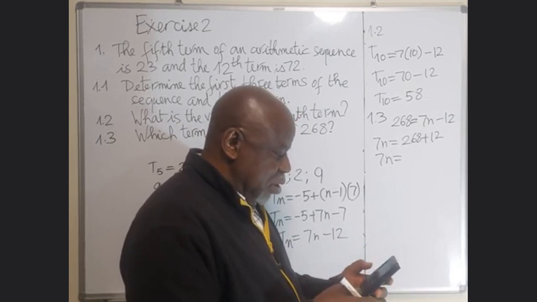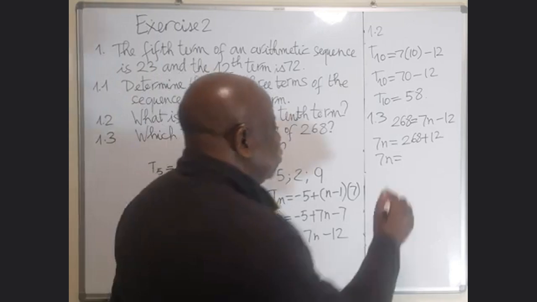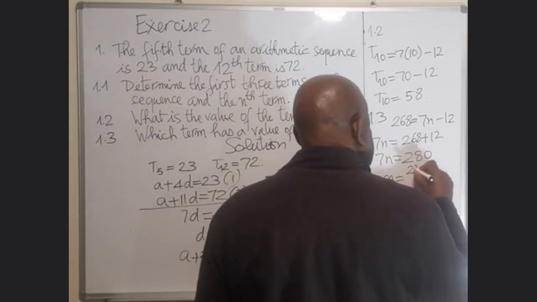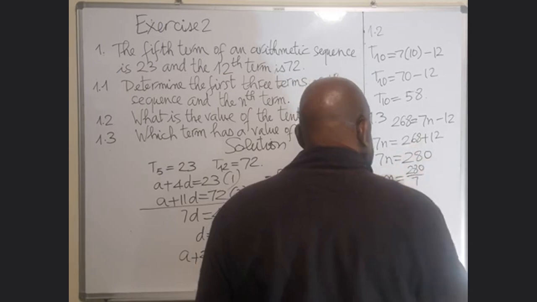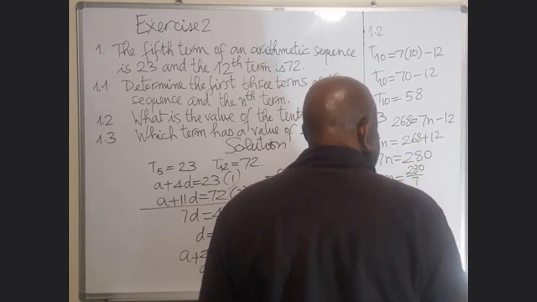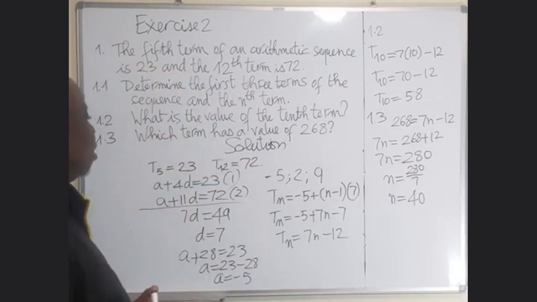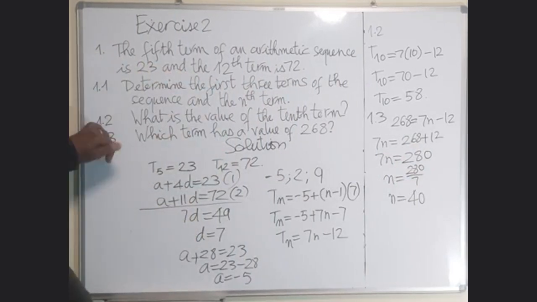Then we're getting 280, and our n will be 280 over 7. Our n is 40. So we have responded practically to all of the 3 sub-questions.